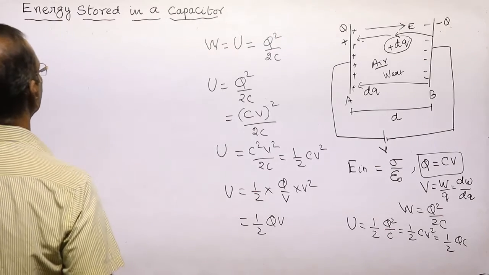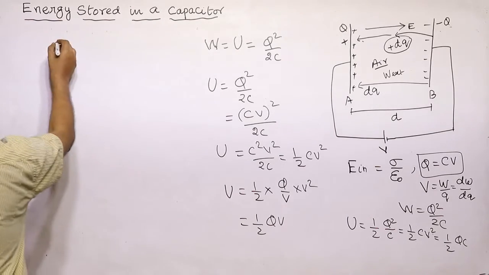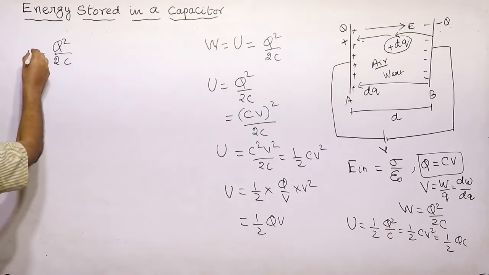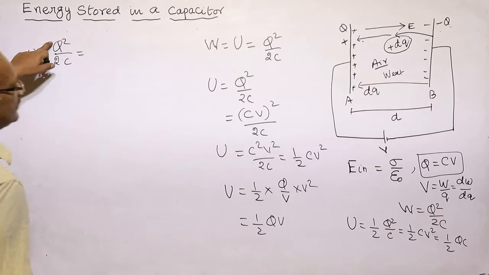Now, see Q square by 2C, how we can write? Q square by 2C is the potential energy, which is equal to, what is Q?